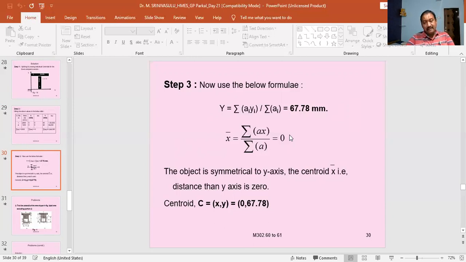When x is equal to 0, it is lying on the y-axis. So in this way we have to work out the problems, and today we are stopping at this point, and we will take up some more examples in the next class.